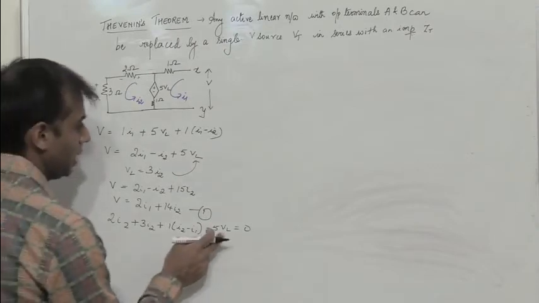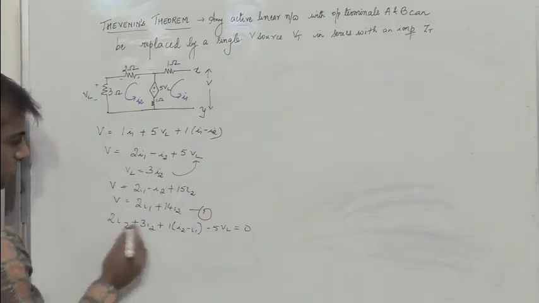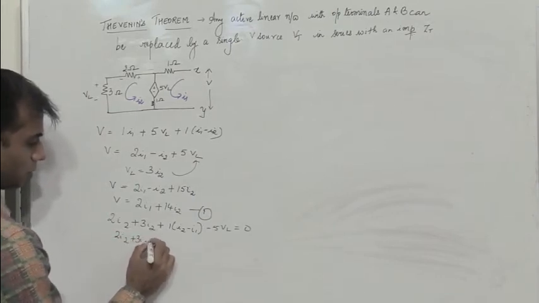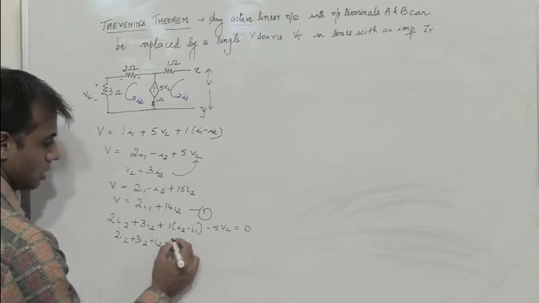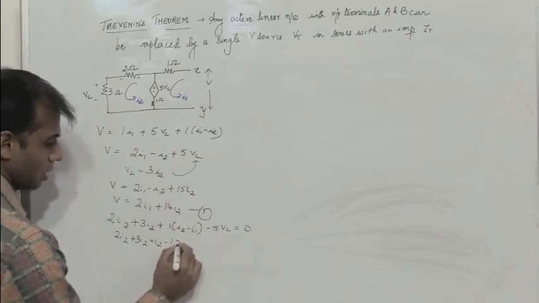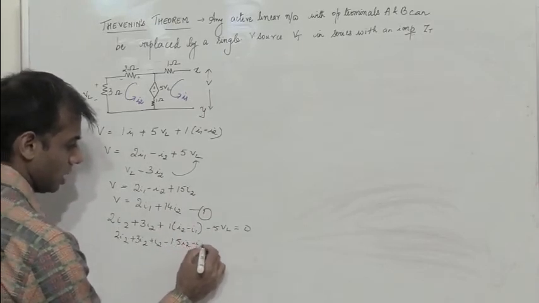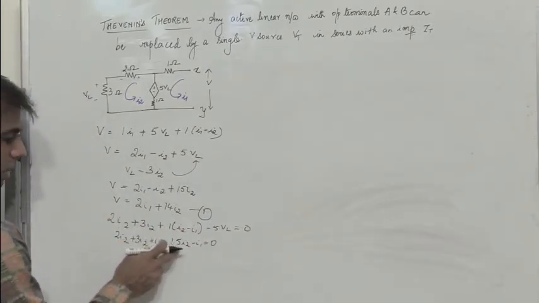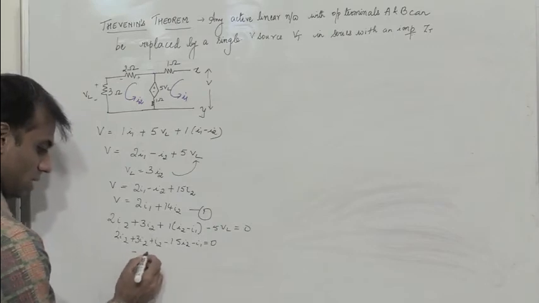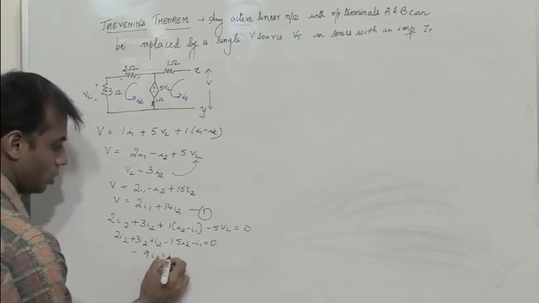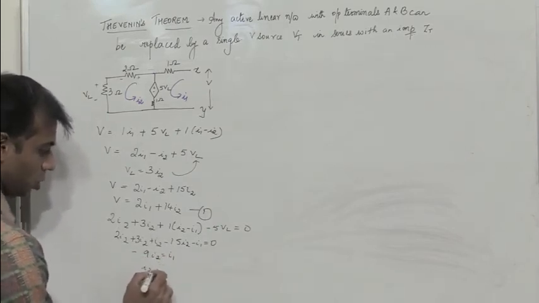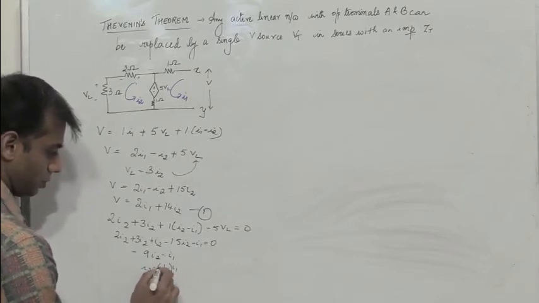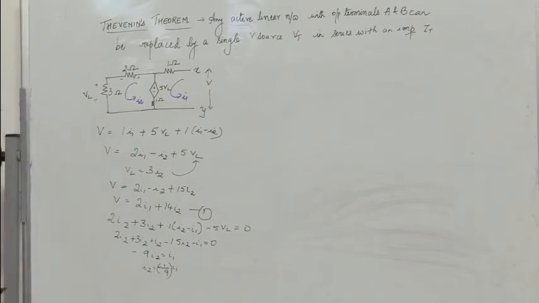So again VL equals 3I2, so let me substitute that here. So I get 2I2 plus 3I2 plus I2 minus 5 into 3 is 15I2 minus I1 equals 0. So this is 6 minus 15, which gives me minus 9I2 equals I1, or I2 is minus 1 by 9 I1, with a negative sign here.